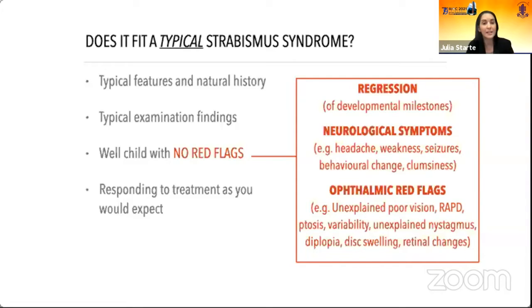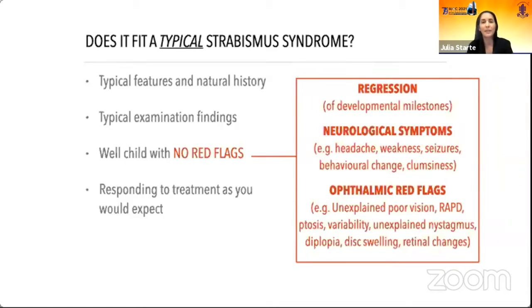Ophthalmic red flags to look out for in strabismus are unexplained poor vision, and this is a really important one. As I think was mentioned in the very first talk by Dr. Agarwal, making sure that children are tested with an age-appropriate vision test is extremely important, and that follows as you follow the patient along. So they might start out when they first come to see you with preferential looking tests, but as they grow and age and become more mature, they should be upgraded to a more mature visual acuity test.